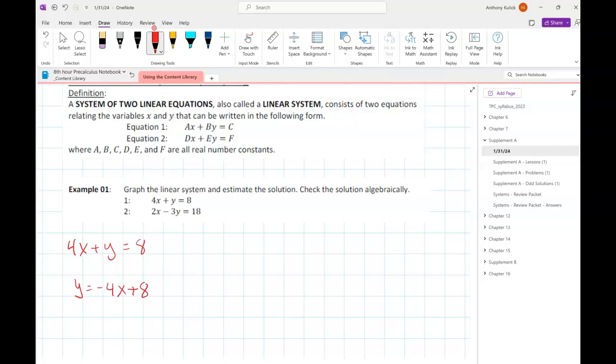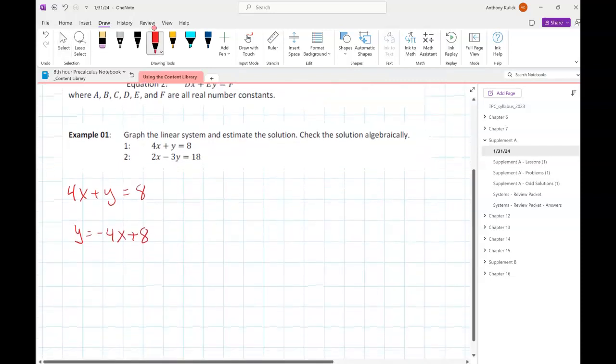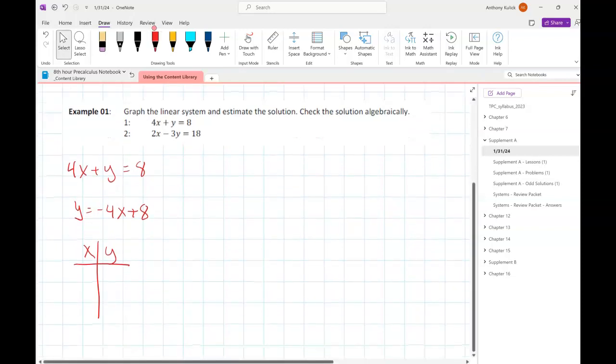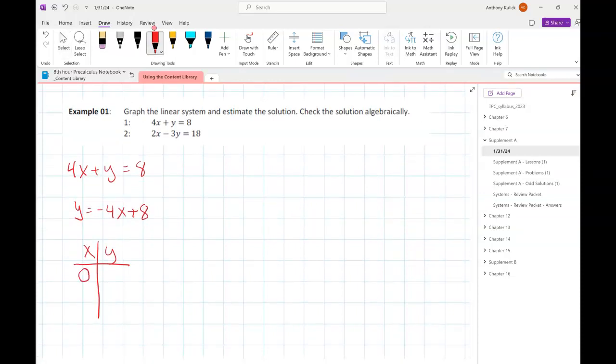Everybody feel good there? Now, to graph this line, how many points do I need? 2 would be sufficient. 3 is fine, but you don't need the third one. To find points on the line, we're just going to pick some values for x and find the corresponding value for y. Let's say I pick 0 for x.